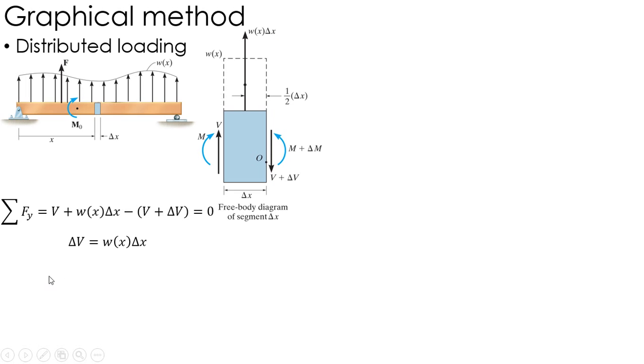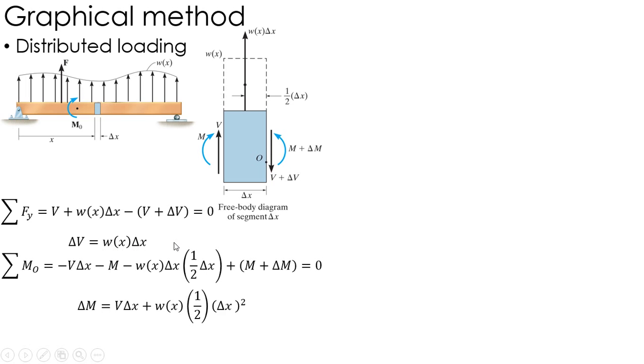I'm going to apply my equilibrium equations, summing the forces in y, and I get V up, V plus delta V down, and then w(x) times delta x up. So your V's go away, and I can solve for delta V as w(x) times delta x.